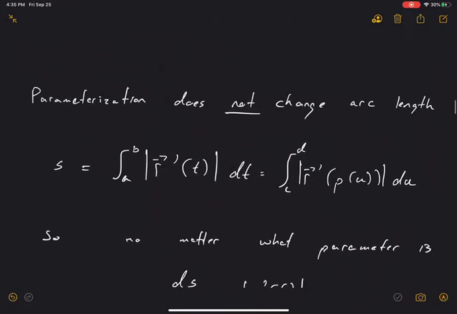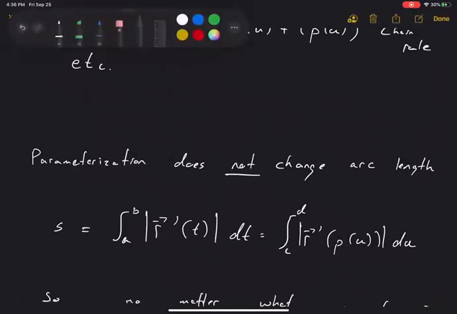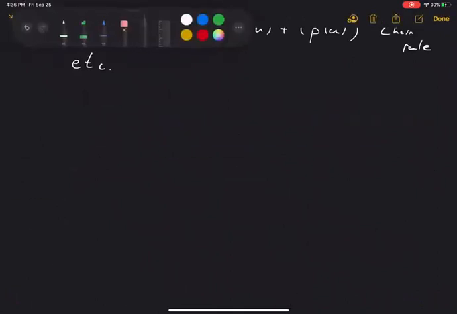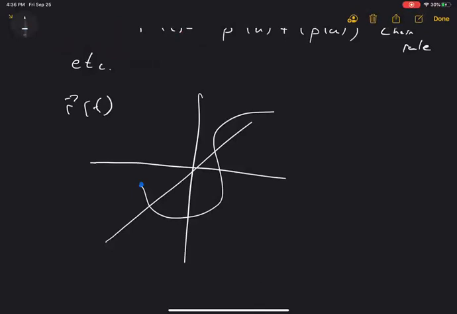And a key idea here is that these parameterizations don't affect the arc length. When I have some curve in R3, let's say for one parameterization, r of t, if my parameter is t, then at t equals -5, I'm at that starting point, and at t equals 10, I'm at that endpoint. That's fine.